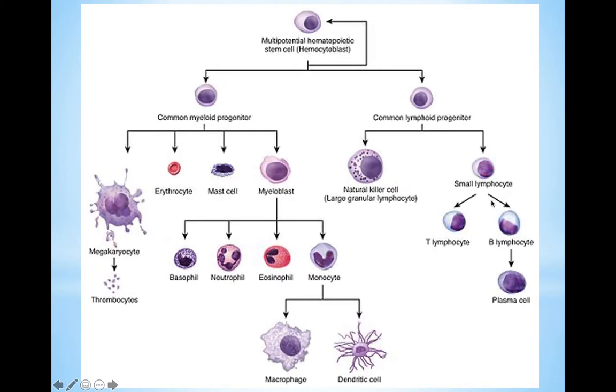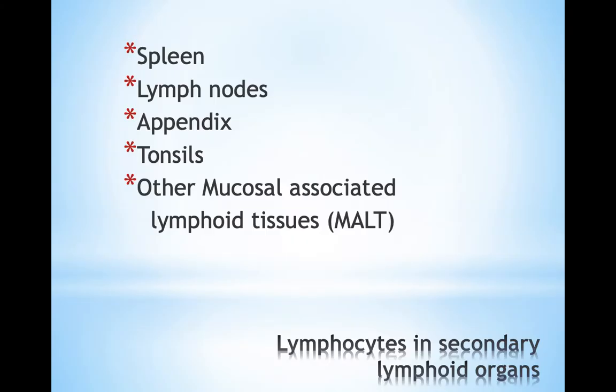Mature forms of T lymphocytes and B lymphocytes, especially those that are ready to develop antigen specificity, are found mostly in secondary lymphoid tissues and organs.